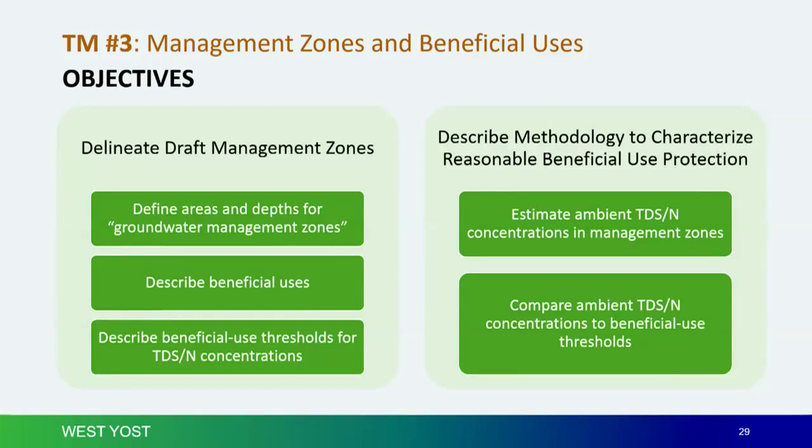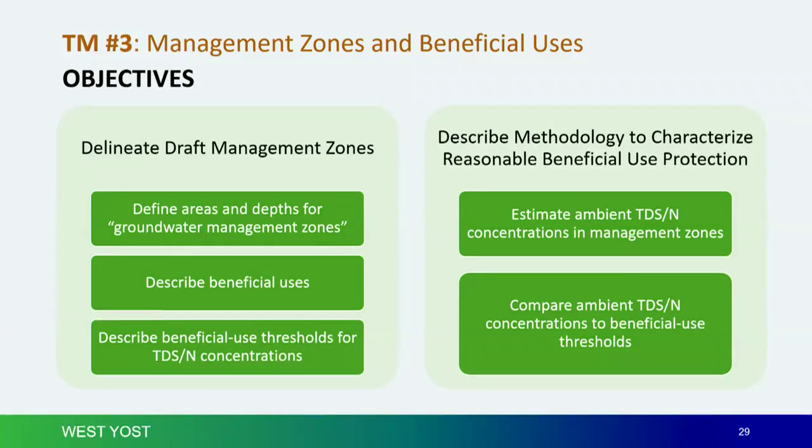And then in order to characterize the reasonable protection of beneficial uses, at least currently here, we need to estimate TDS and nitrate concentrations in these management zones. So we've gone about doing that spatially, but now we need to develop a method to come up with one single number for the management zone that is generally representative of the water quality conditions in that management zone.